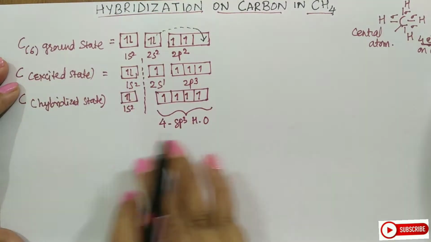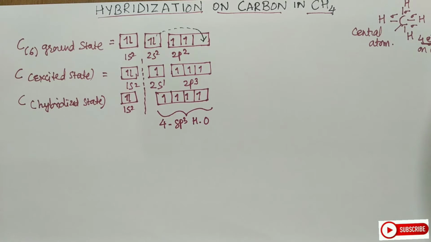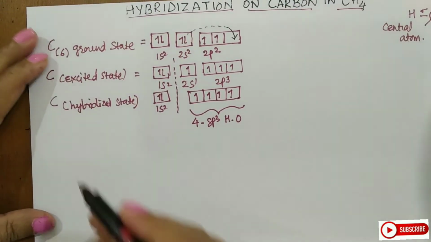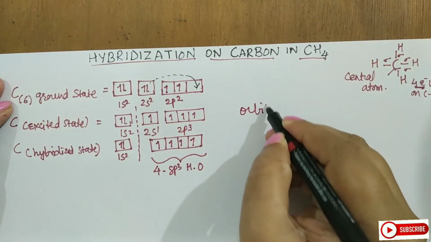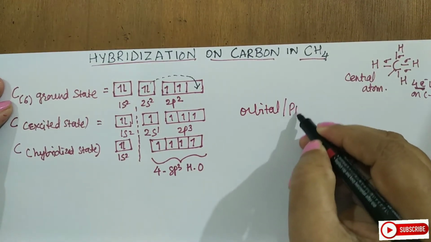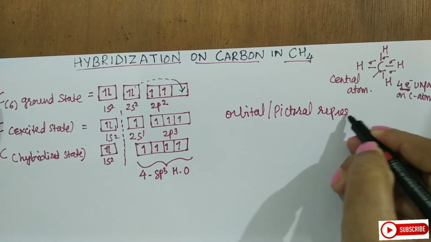Now whatever we have shown here, if I want to show the pictorial representation for this, how will I show this, student? So for that, let us see the pictorial representation, or we call this the orbital representation.